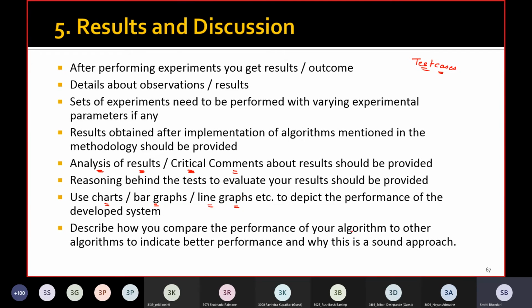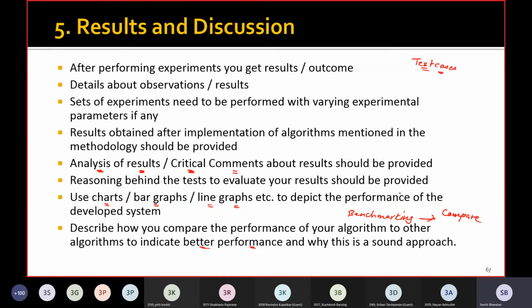Then describe how you compare the performance of your algorithm to other algorithms to indicate better performance, and why your approach is better than the approach that was previously available. So always there should be some benchmarking.